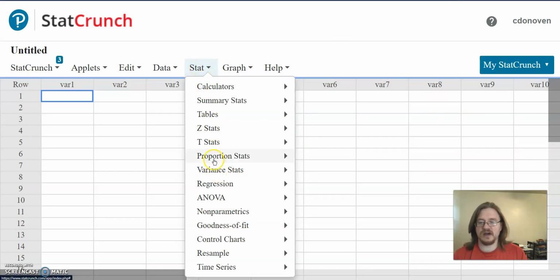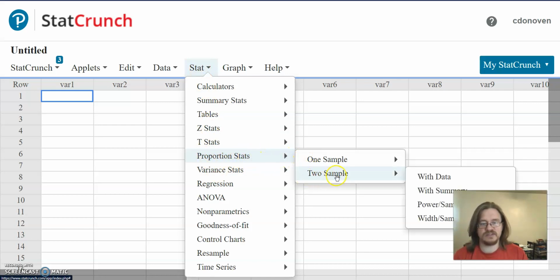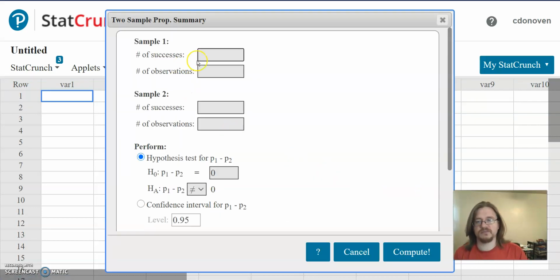In statistics, we can come down to proportion stats because we're testing proportions, and we have two samples of which we know the summary of the samples. We don't actually have the actual data, but we have summaries of our two samples.